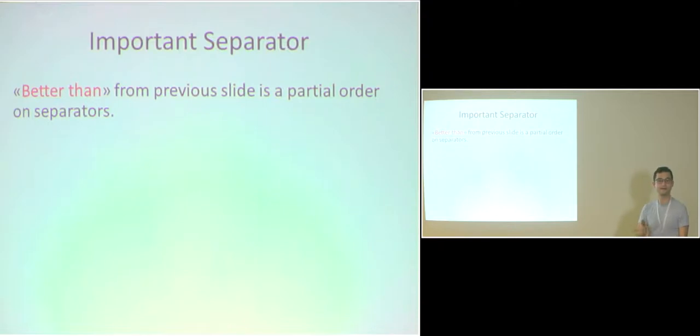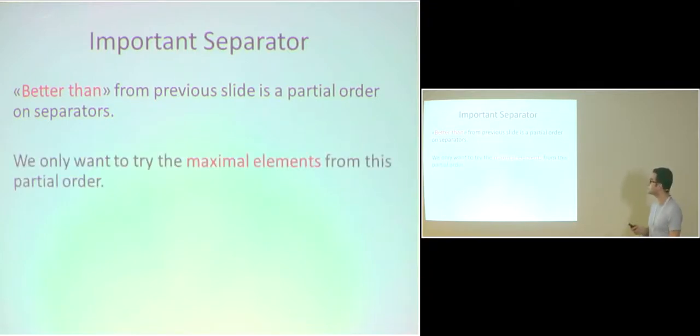If A is better than B, and B is better than C, then A is better than C. So we only want to try those separators as candidates for my solutions that are maximal elements in this partial order. I want to try those separators so that there is no other separator that is strictly better. Sort of obvious when you call it better.